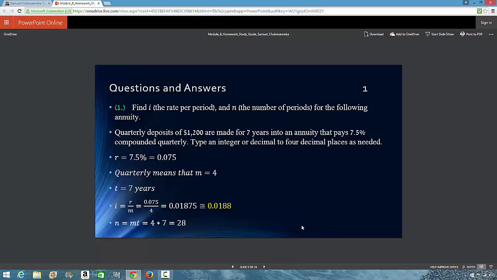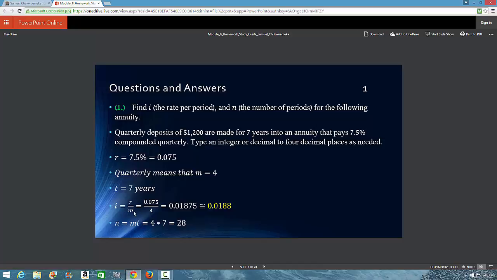When we talk about compounded quarterly, that means that M is 4. M is the number of compounding periods per year. The interest rate is 7.5%. You convert that to decimal, which gives you 0.075. And the time is 7 years.